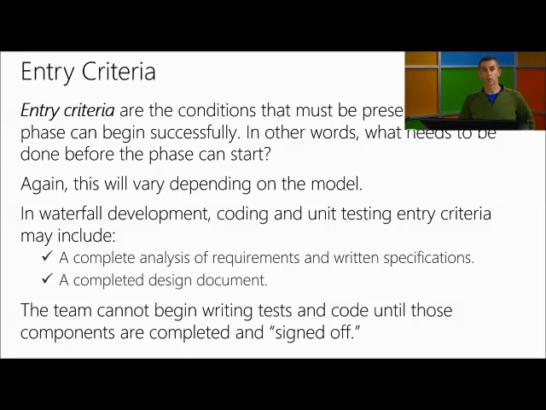For example, your entry criteria to accept a build into test may include certain bugs are fixed, or certain code quality, or certain code coverage in the unit tests. It may include a successful deployment. If you attempt to deploy and your deployment fails, you failed your entry criteria, and you kick that back to the development team, and you don't enter whatever phase gate that entry criteria was set for.